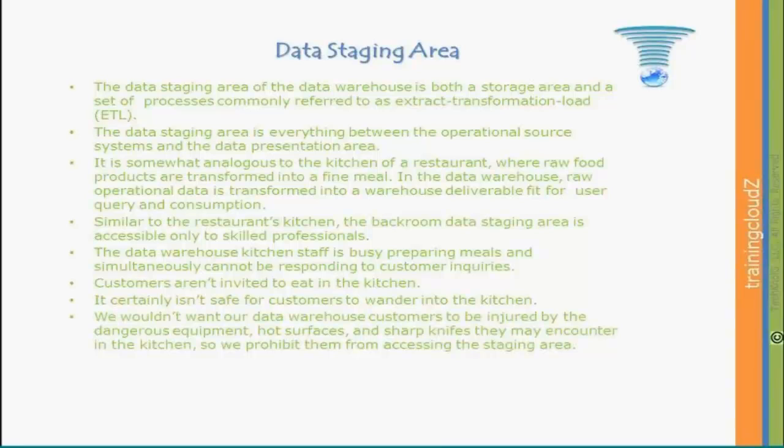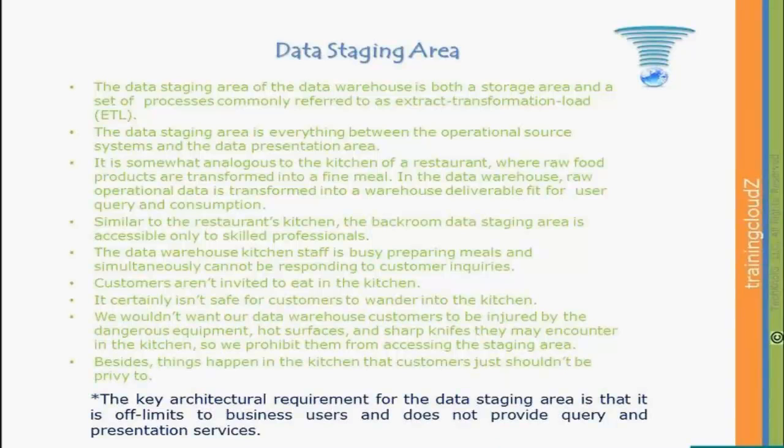We would not want our data warehouse customers to be injured by dangerous equipment, hot surfaces, sharp knives, and many other things they would encounter in the kitchen. So we prohibit them from accessing the staging area, which means the data is not yet ready for the business, guys. It is only in the developer's hands. We will make it ready as per the requirements given by the business. And that is what I'm trying to put in a sweet way so that you can understand.